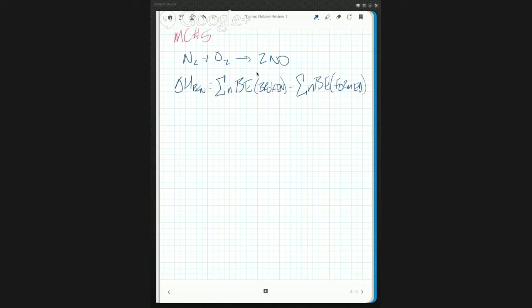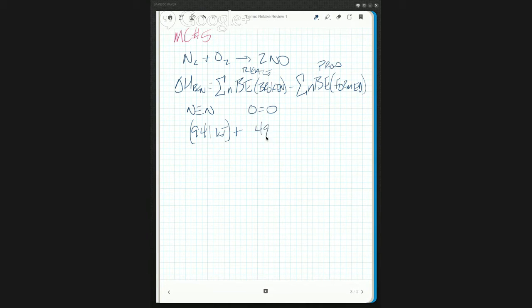So this one's that weird one because the reactants are in front, which doesn't usually happen that way, and the products are at the back. So we have the ones that are broken. We've got an N triple bond N, which is 941 kilojoules, plus O2, which is an O double bond O, just like last time.